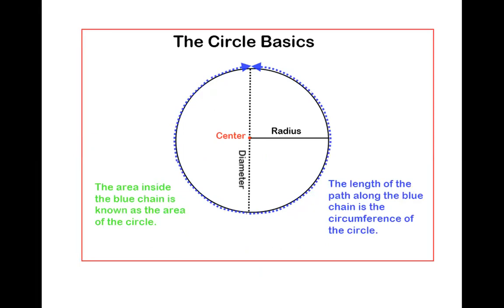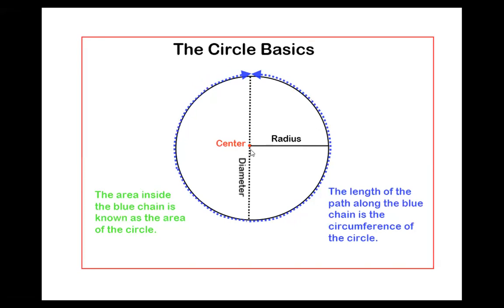This is your circle. There's something basic on your screen. The red point is called the center. The constant distance from the center to the surface is known as a radius. This distance is always constant.